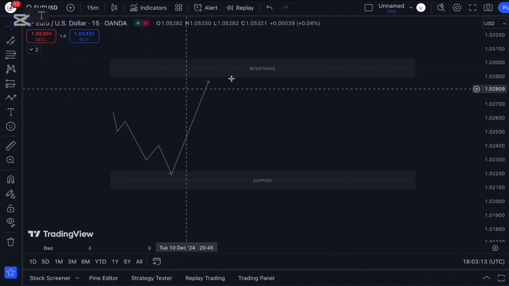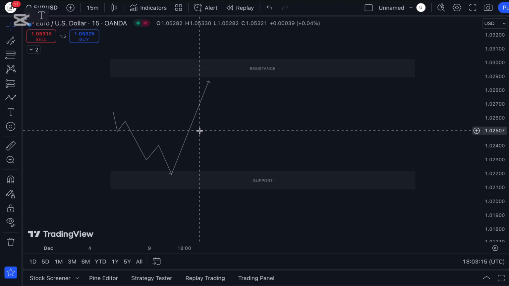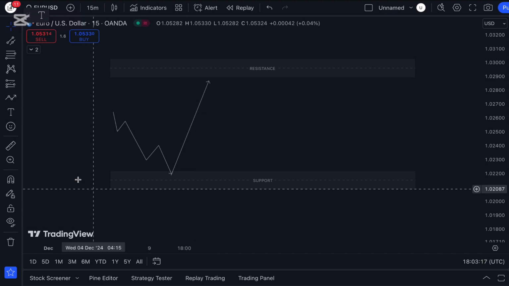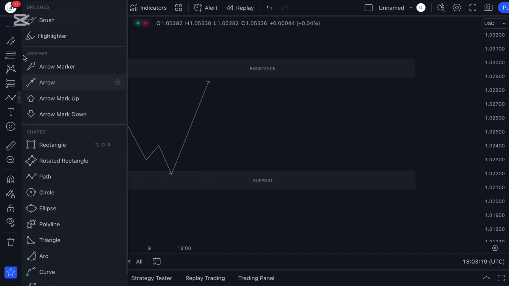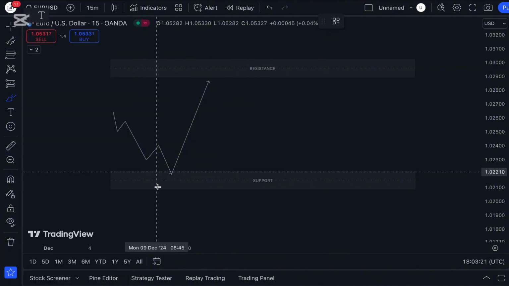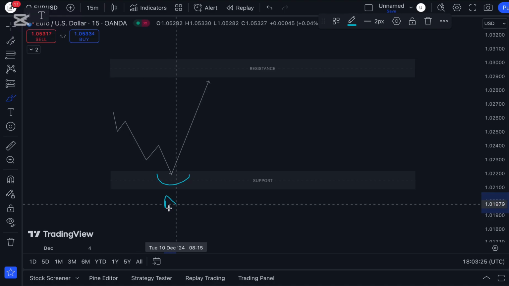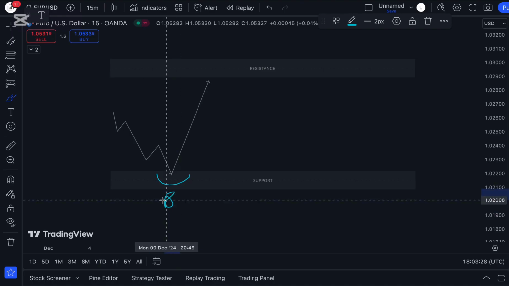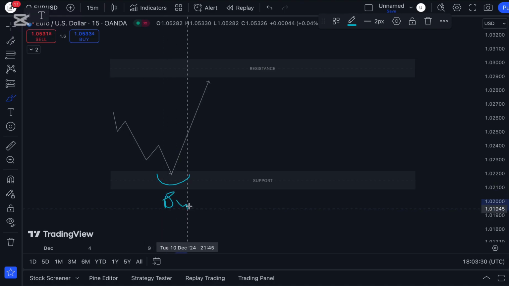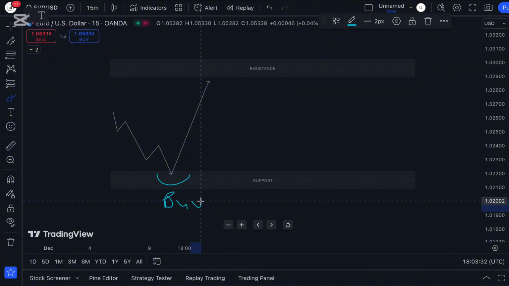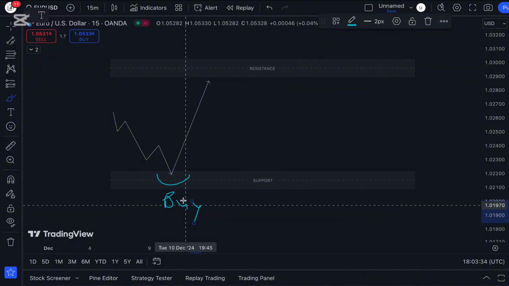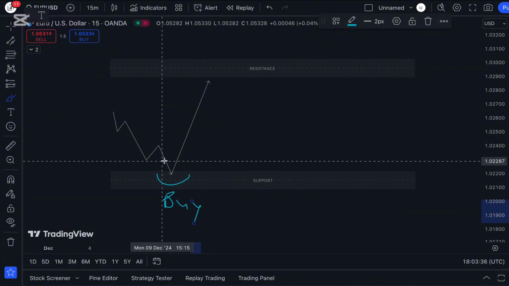If you're the type of trader that expects price to bounce off, in option number one you can take a buy. Let me just write buy here. You can take a buy here, but there are conditions for you to take a buy.